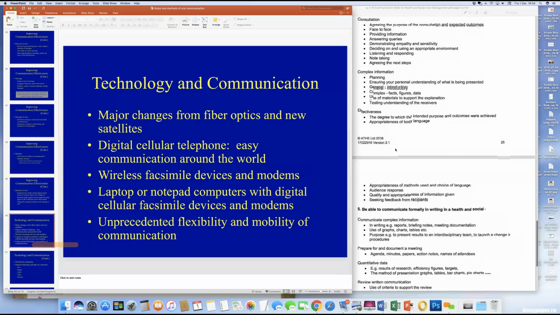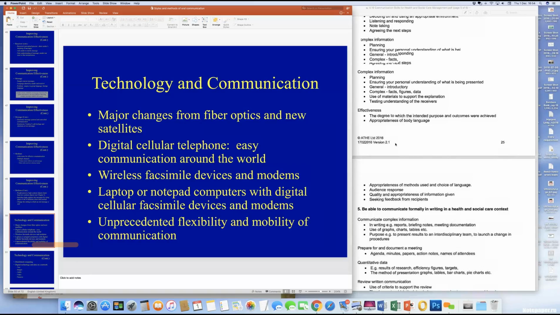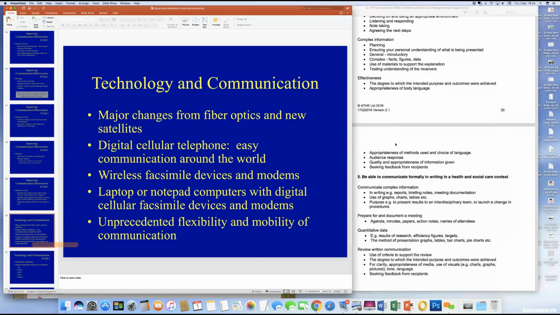For example, when you make a presentation, and in that presentation you're presenting data or information using bar charts or graphs, or tables or charts, that then becomes the use of technology within the context of transmitting a message or communication.